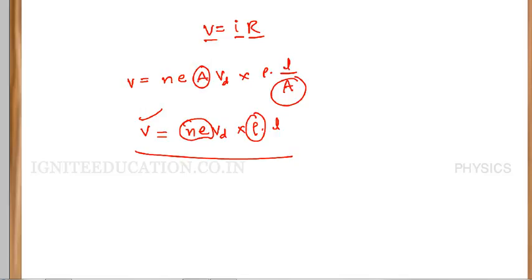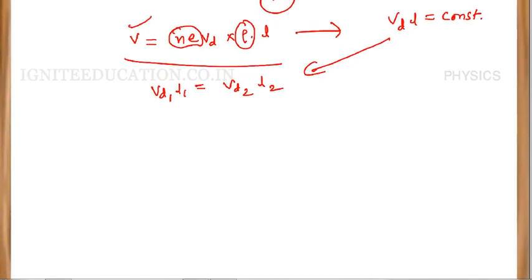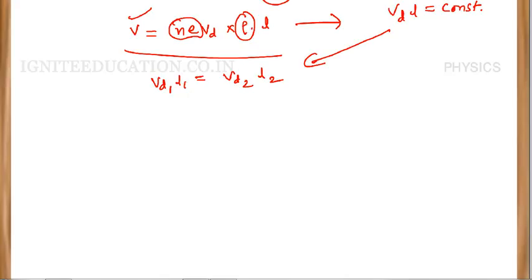So if I take a relation from this, Vd1 L1 is equal to Vd2 L2, because from this relation I can write Vd into L is equal to constant. So with this I am writing this expression, Vd1 L1 is equal to Vd2 L2. Now from the given things, Vd1 into L1 is equal to Vd2 into what is L2? 2L1.